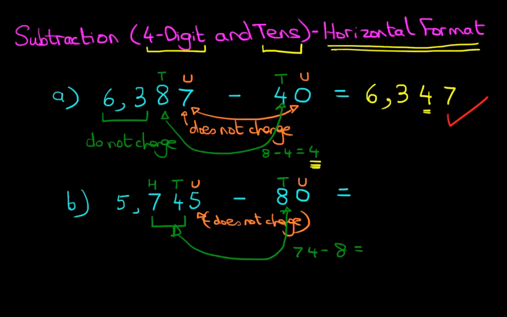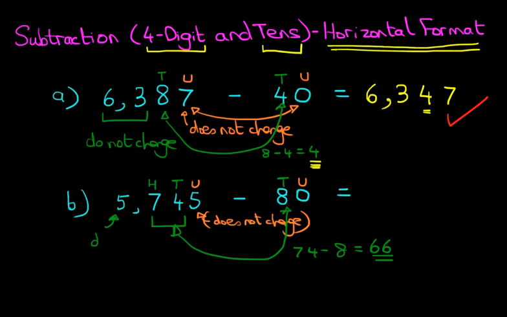Now again, at this level, you should be able to do this in your head without the dot method and without counting on fingers. If you feel you need to use those, then by all means use those for practice. 74 minus 8 equals 66. And the digit we have left over is the 5. That's 5,000.